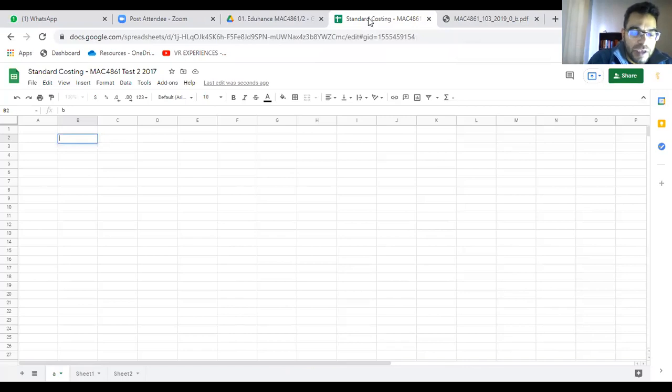So basically, budget total variable production costs equals, so everything is budget, okay? So I'm not going to put the word budget because everything is budget. So it's variable costs per unit multiplied by units produced. Okay, so that is basically what they want.